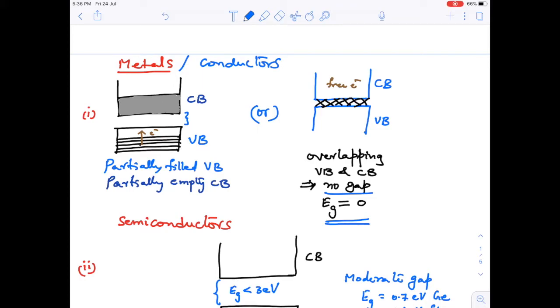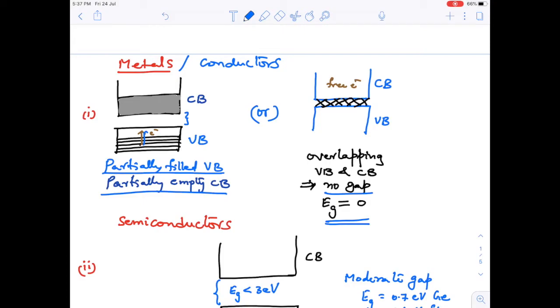Now the other case here is that there could be a partially filled valence band. So here it is the valence band and it is not completely filled, so it is partially filled. From these filled valence band energy levels, the electrons can go above, where you have partially filled, meaning a few more electron energy levels where they can go, and then a partially empty conduction band.